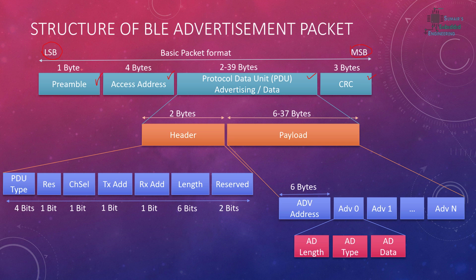So the first byte is the preamble, which is a sequence of alternating bits, and it depends on the access address. The first bit of the access address will decide what the preamble would be.